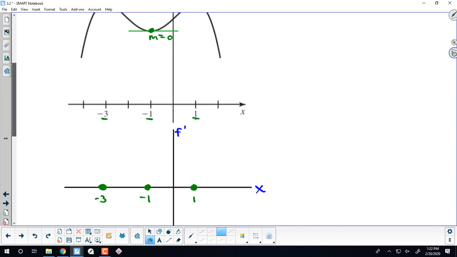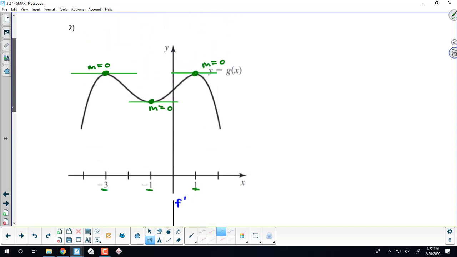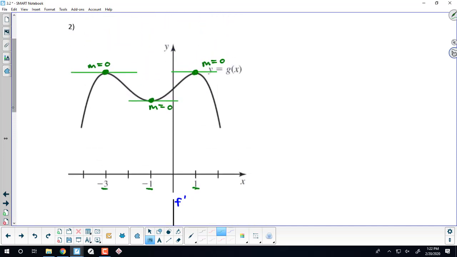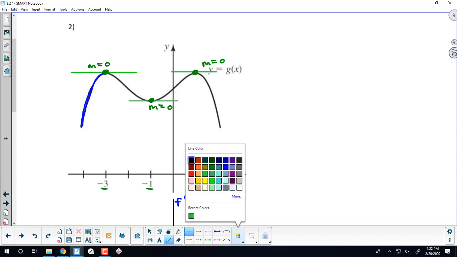Okay. So now that we know where it's 0, we'll just look at each segment and determine what's happening to the slope of the tangent line. So let's look at this segment right here. From here to here, what are the tangent lines doing? Positive slope, right?